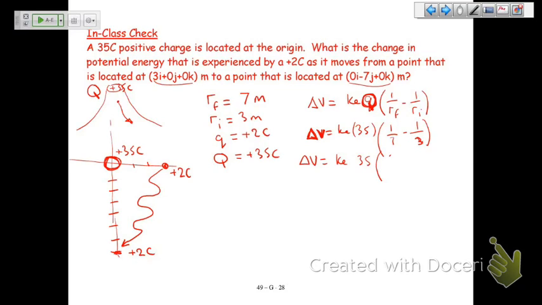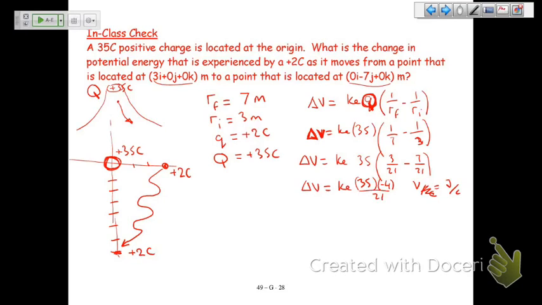So that's going to be 3 over 21 minus 7 over 21. So delta V is equal to KE times 35 times minus 4 over 21. And that would be volts per coulomb. That'd be volts, I'm sorry, which equals joules per coulomb.